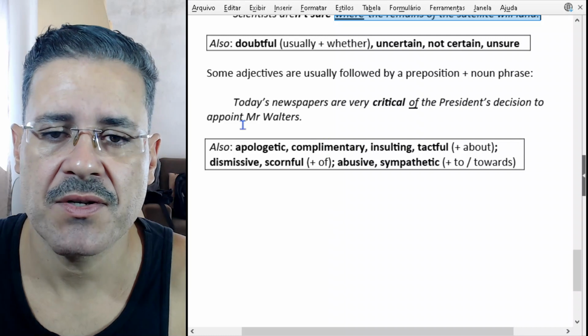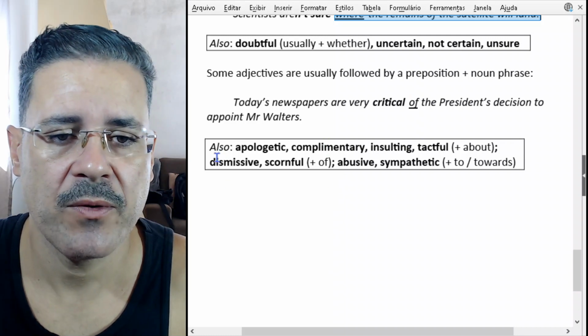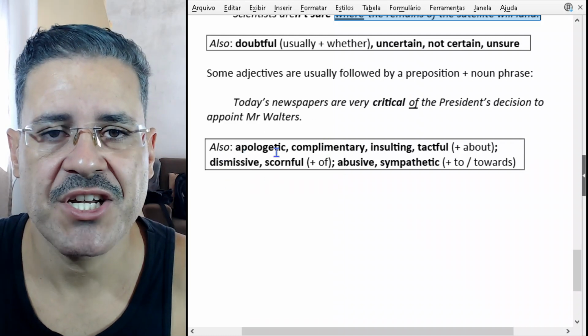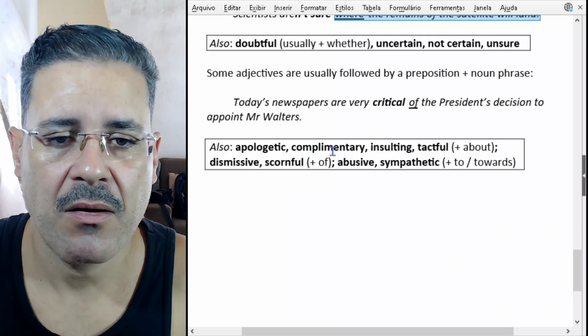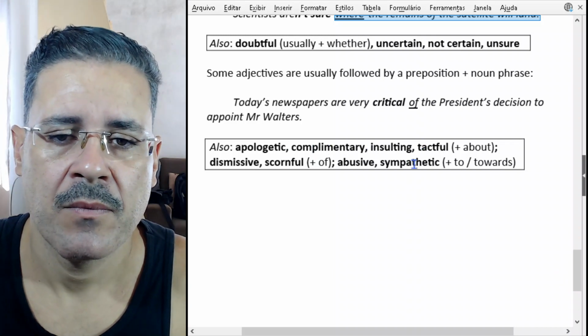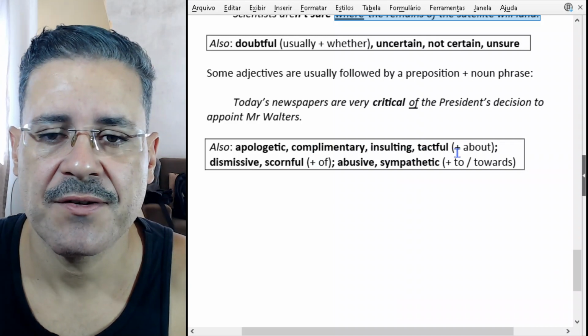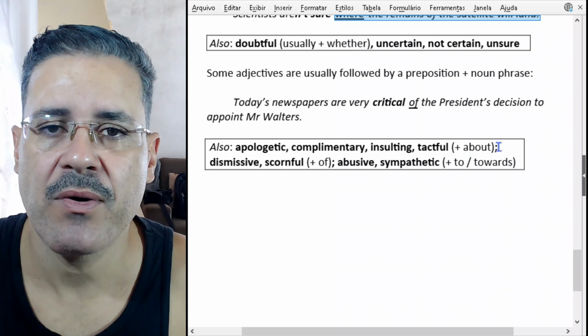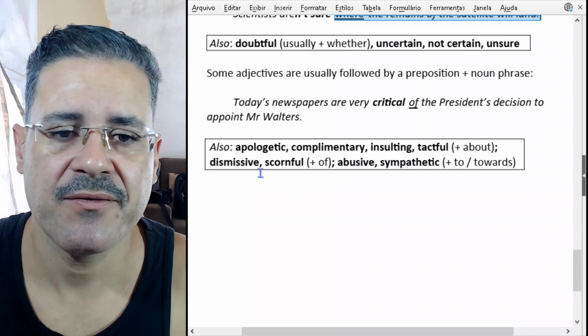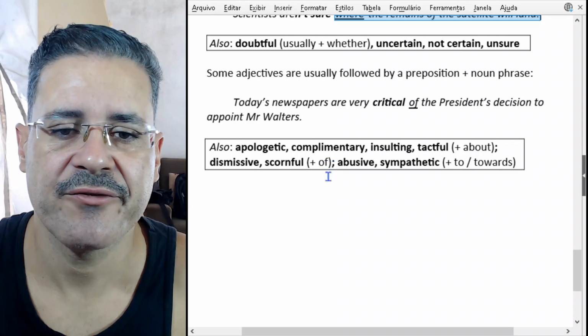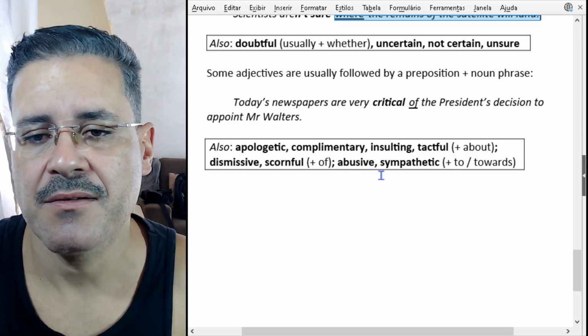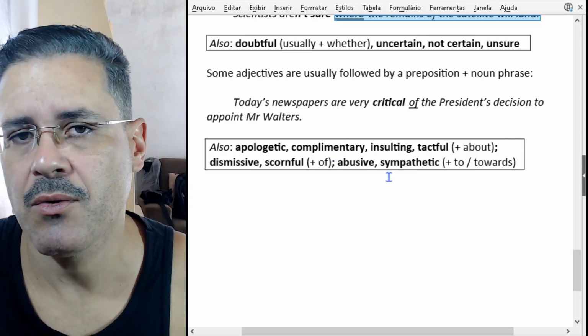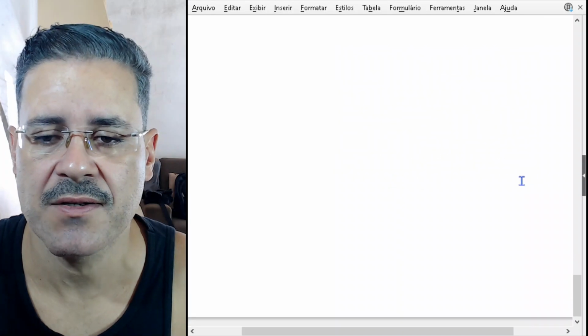We can use that pattern with the following adjectives: apologetic, complimentary, insulting, tactful plus about, dismissive, scornful of, abusive, and sympathetic to or sympathetic towards.